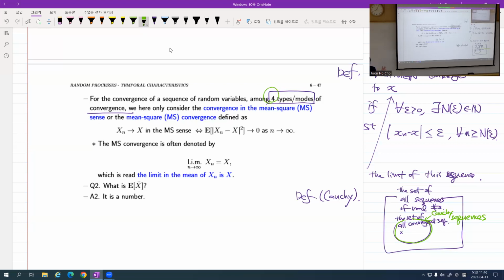If you are given a sequence of real numbers or complex numbers, the convergent sequence and the Cauchy sequence are the same. Got it? However, if you have a sequence of functions, then there are different definitions of a convergent sequence of functions. So when you say a sequence of functions converges, you may have slightly or drastically different definitions.